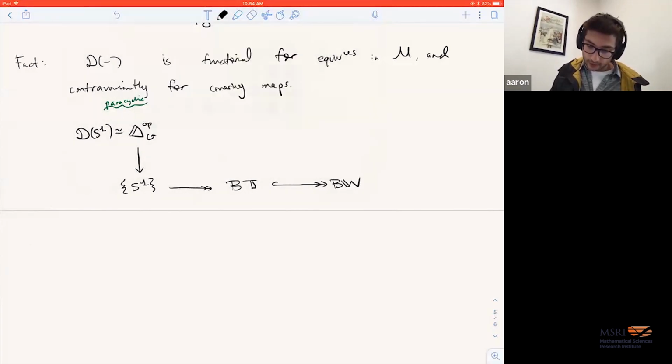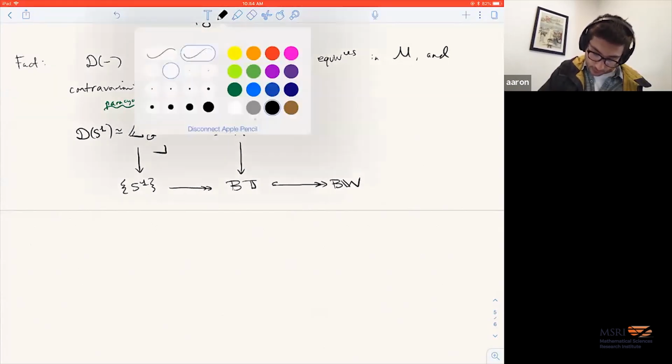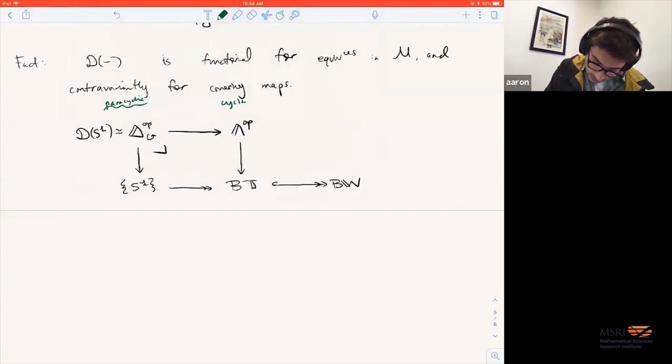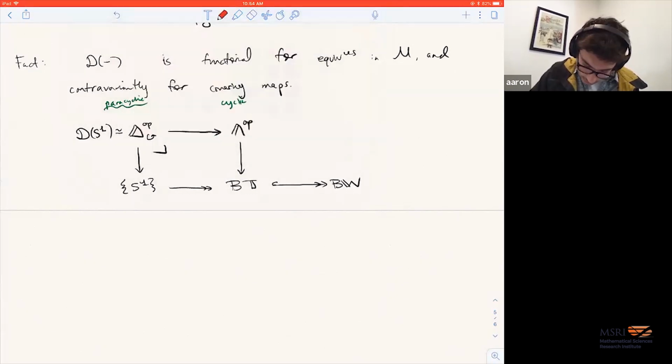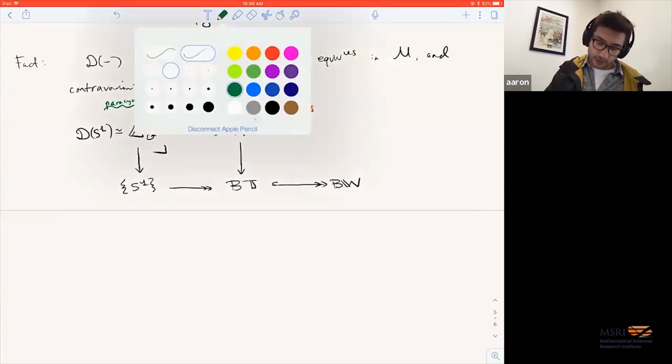So the functoriality for equivalences means that this actually carries an action of the circle group, and it's the pullback of a bundle over BT, and that is nothing other than the cyclic indexing category. So this is the cyclic indexing category, and just by construction, this thing is the quotient of the paracyclic category by its circle action.